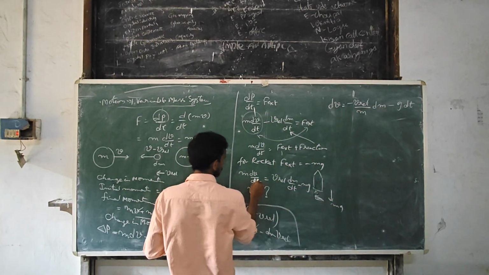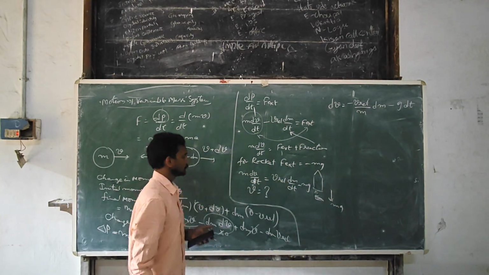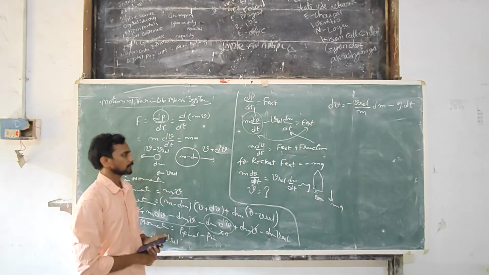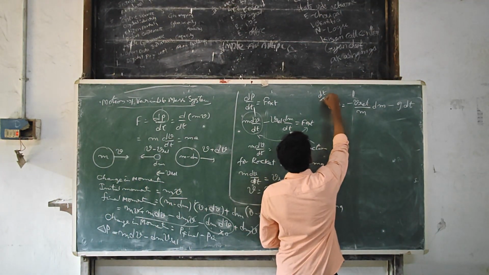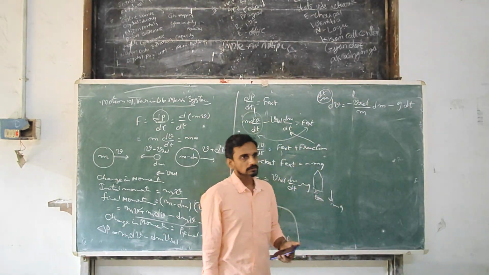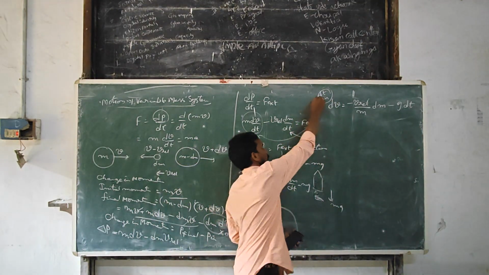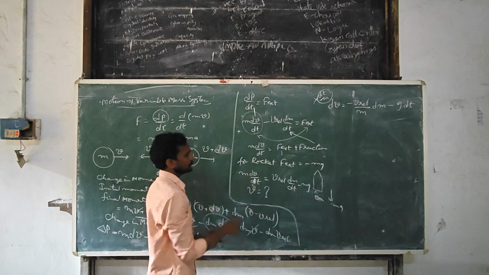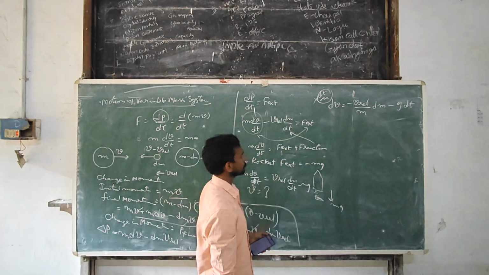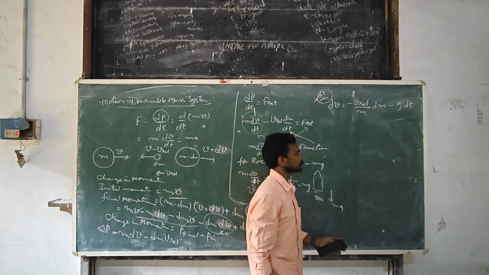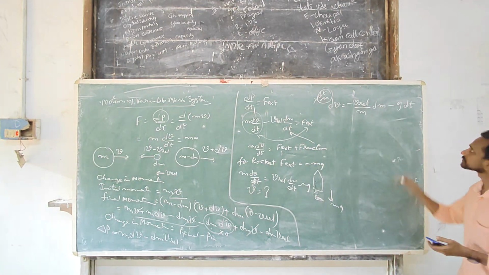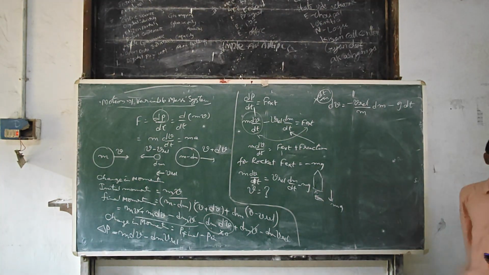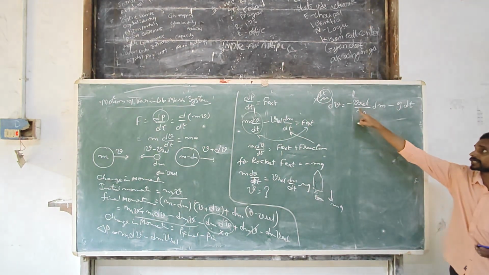I'm cancelling dt, or I'm multiplying with dt by m. So dt by m to multiply the same, you will be left with dv equals v relative dm minus mg dt. Yeah, m is also divided. So I'm adding a negative sign here.